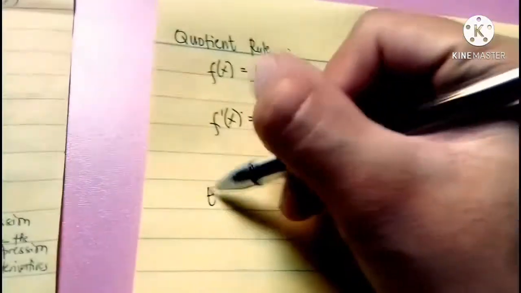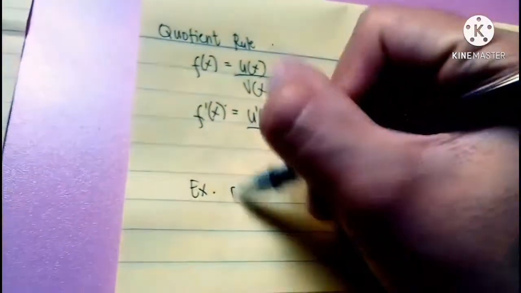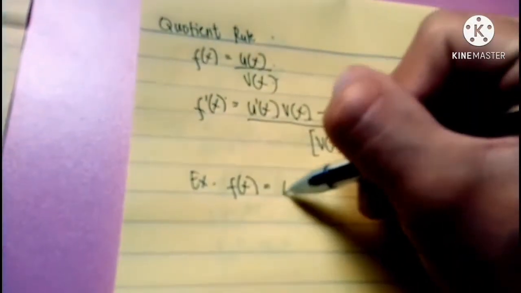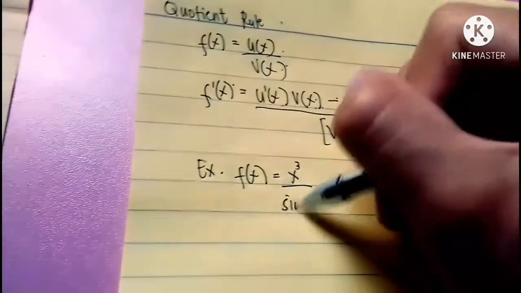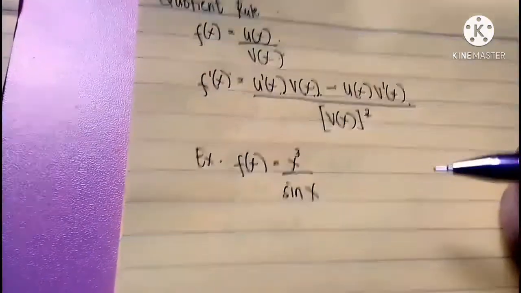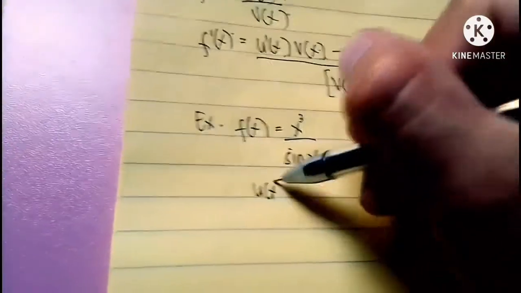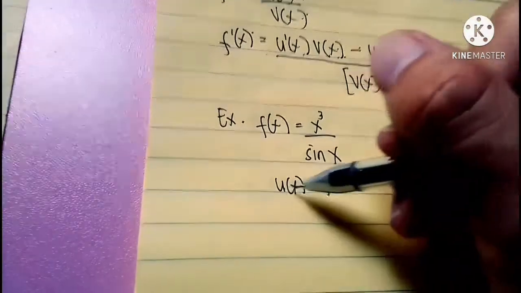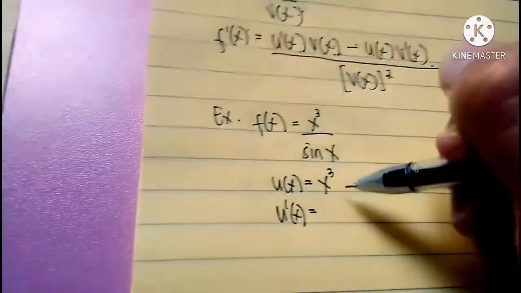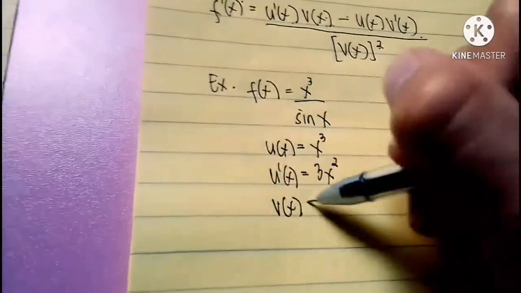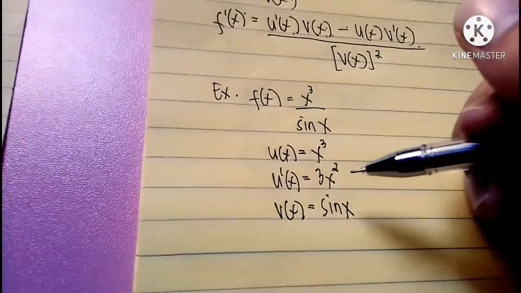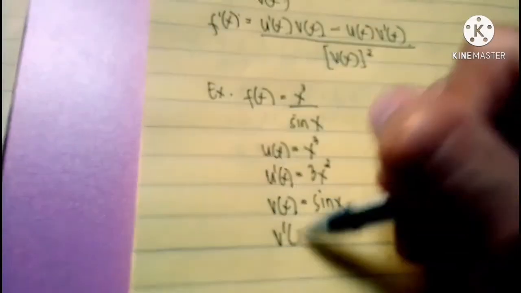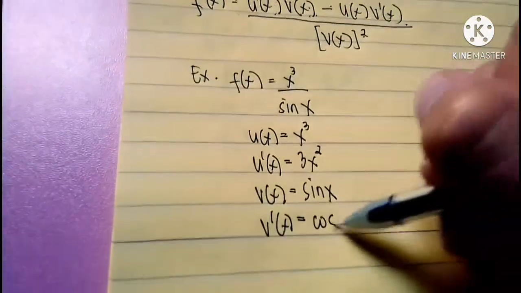For example, we have the function f of x is equal to x cubed over sine x. And we all know that u of x is equal to x cubed, and the derivative of u of x, u prime x, is equal to 3x squared. And v of x is equal to sine x, and the derivative of this, v prime x, is equal to cosine x.